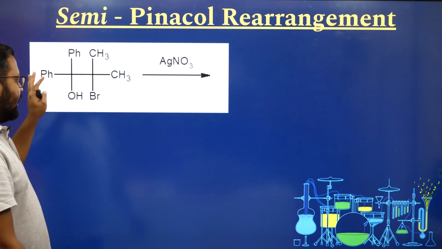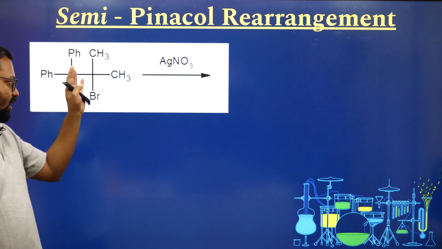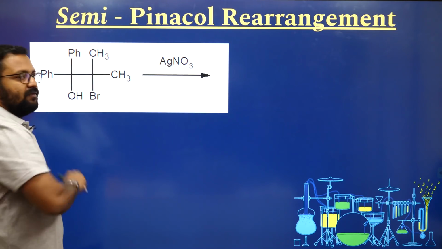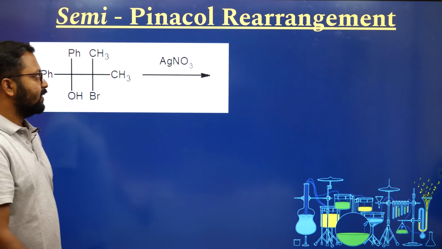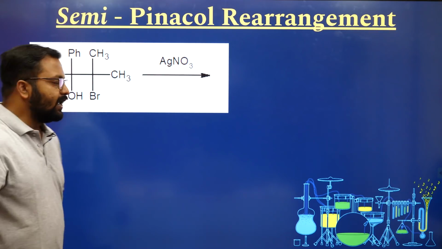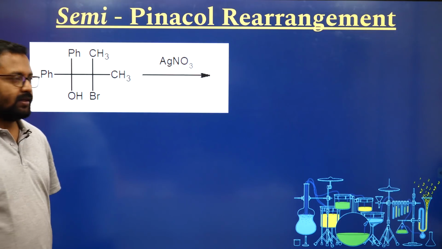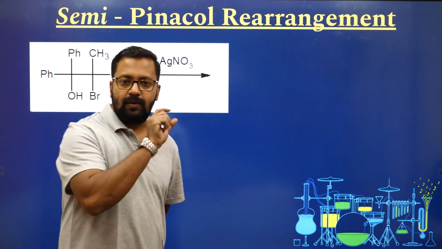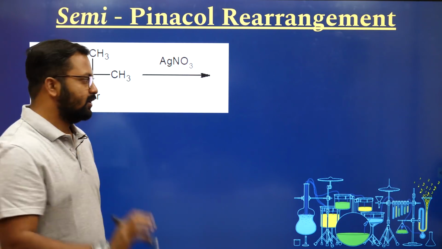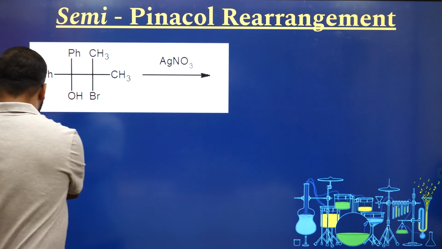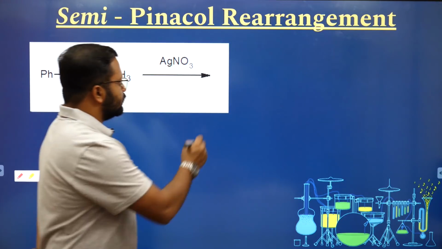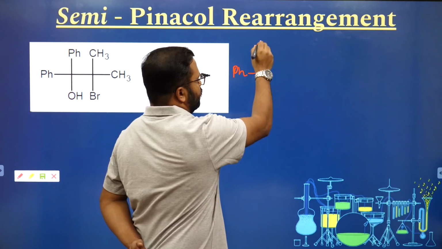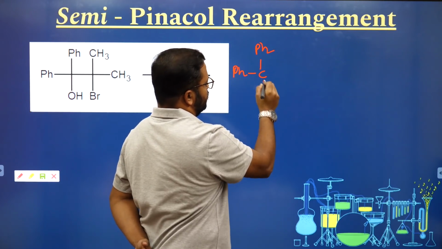In this case, we have Br present vicinal with respect to OH. So when we take AgNO3, then Br would get removed because AgNO3 will react with any alkyl halide to remove the halogen and form a carbocation. So what we would do is Ph, OH.